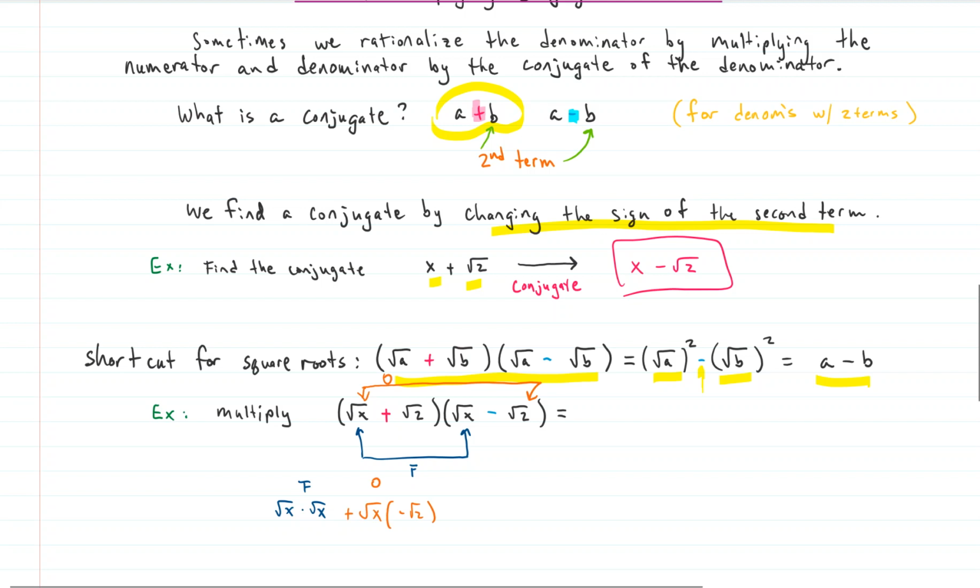And the inside gives us root 2 and root x. And then we have the last. Let's do purple.